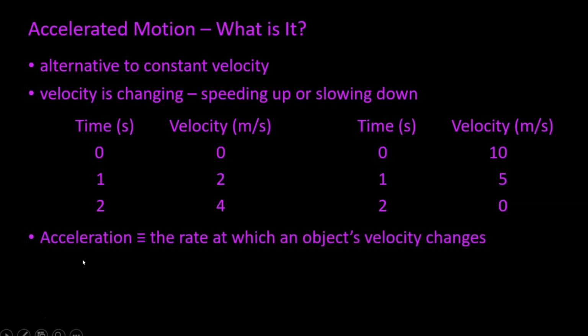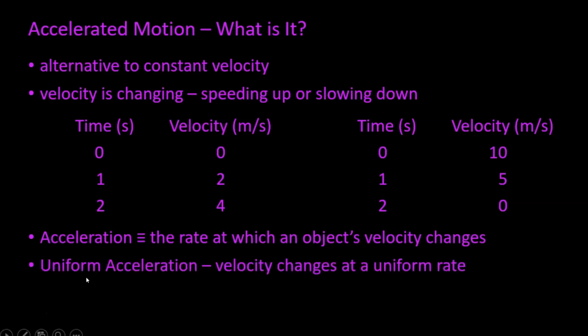Now, in physics, the official definition of acceleration is the rate at which an object's velocity changes. The term uniform acceleration applies to a specific or special case where the object is accelerating and the velocity changes at a uniform rate. Both of these examples here are uniform acceleration.